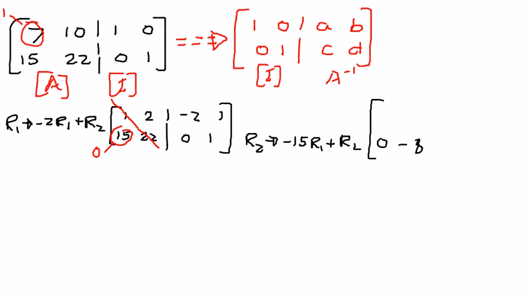Then we'll put the partition there. Negative 15 times negative 2 will be positive 30, plus 0 will be 30. Then negative 15 times 1 is negative 15, plus 1 will be negative 14. And the first row elements we have 1, 2, negative 2, and 1.